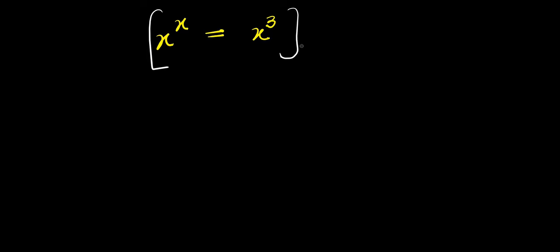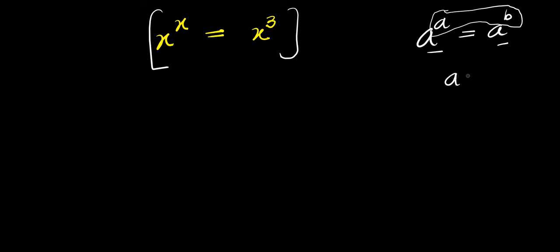So we can simply start by dividing both parts of this equation by x power 3. But before then, consider this identity: if you have a power a equals a power b, as long as the bases are the same, you can compare the exponents, meaning that a equals b.